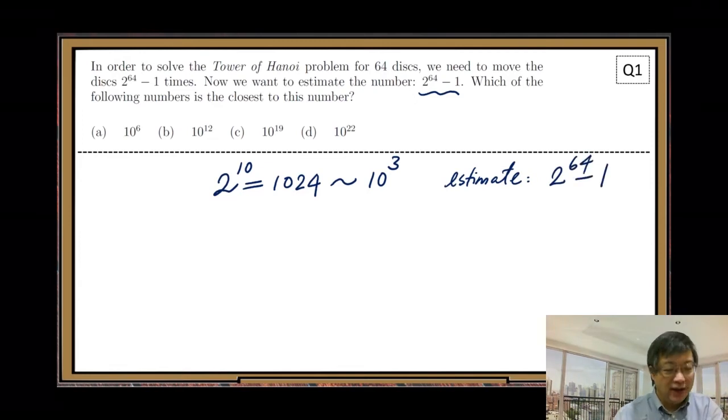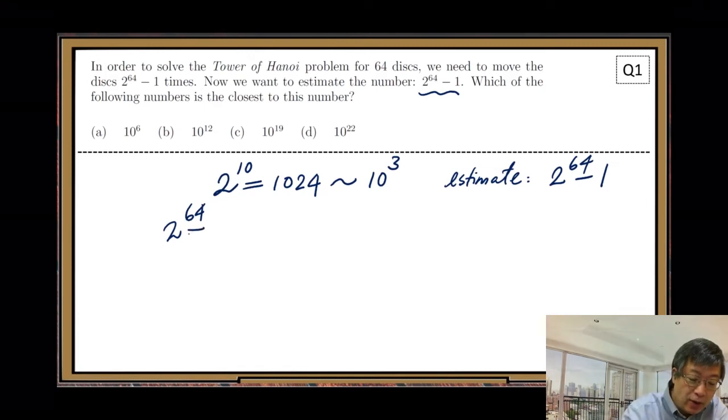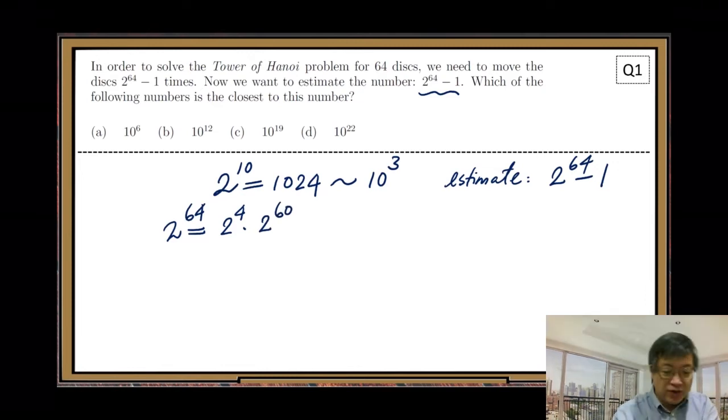All right. First, let's look at 2 to the 64, because minus 1 is very close to this power of 2. Only 1 difference, we can ignore that, right? It equals 2 to the 4th times 2 to the 60th. The reason we write it this way is that we have a multiple of 10 in the exponent.